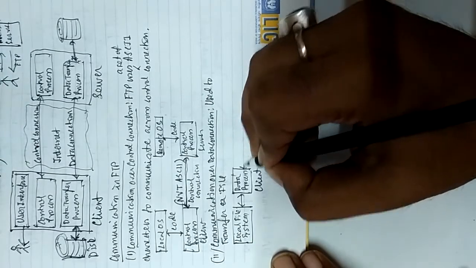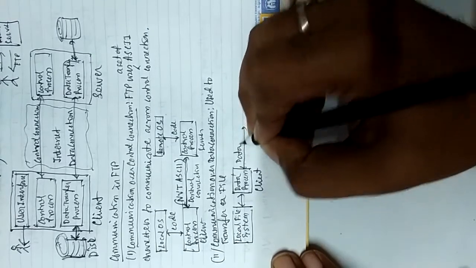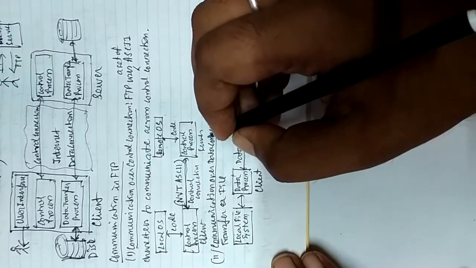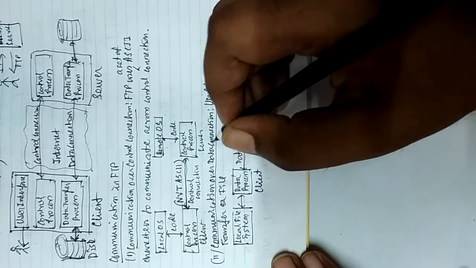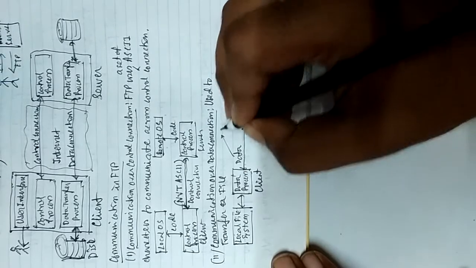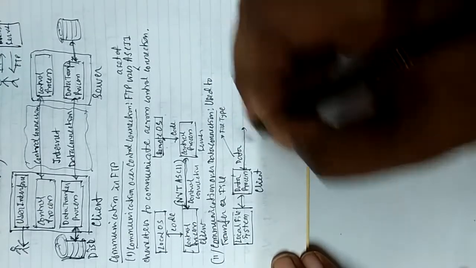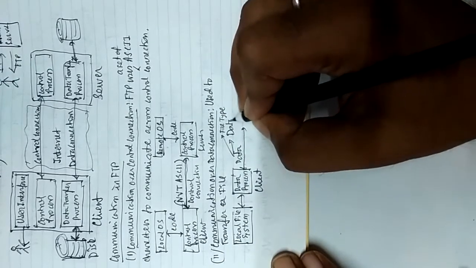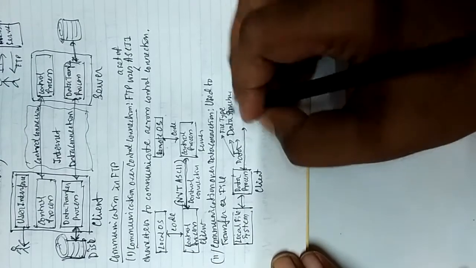Next, the data is being transferred, and there are three types here: file type, data structure, and transmission mode.